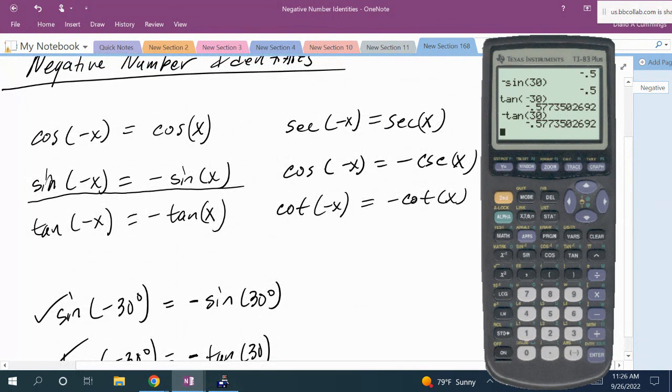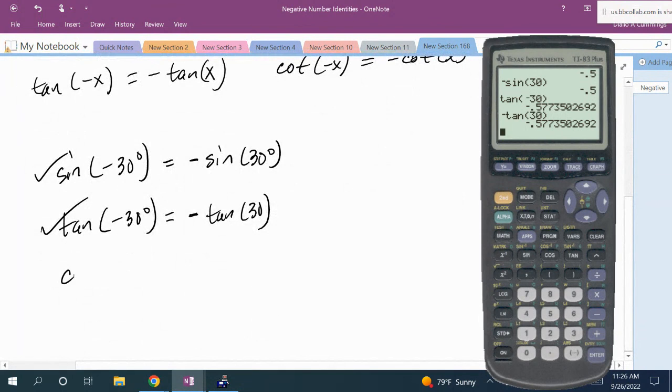All right. Now, what may not be so clear is this first one. The cosine of negative x is equal to the cosine of x, right? It means you could just basically change a negative angle to a positive angle and vice versa. So if I have the cosine of negative 30 degrees, that should equal the cosine of positive 30 degrees.